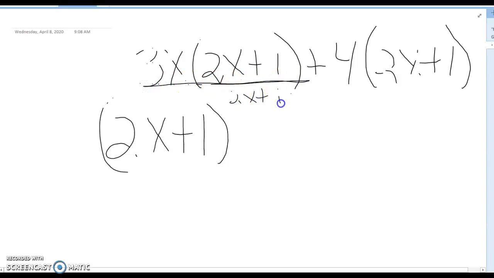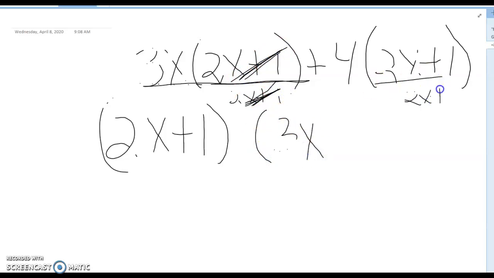So if I divide both sides by 2x plus 1, these go away, and I would just have 3x here, and the same thing happens here, and I would have plus 4. And so 2x plus 1 times 3x plus 4 would be the factored form of the quadratic equation we started out with, which, if you go back and look, is what I multiplied in the beginning.